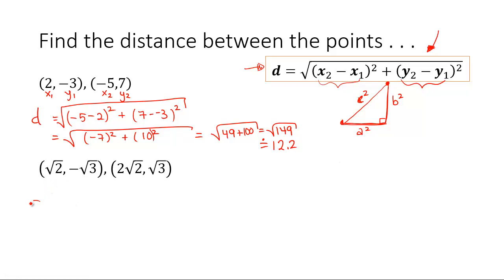Alright, let's keep going. So we've got distance is, and then we're taking our x's and subtracting them, so 2 root 2 minus 1 root 2, and root 3 minus -root 3.